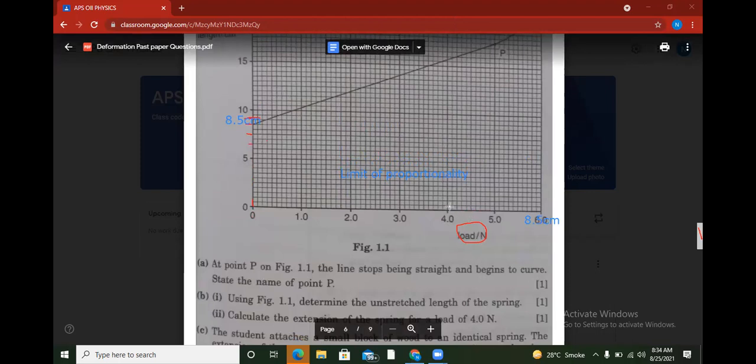At 4 Newton, what will be the extension? That is the value at 4 Newton, and our extension will be, you can see here, approximately 11, then we have 12, 13, 14, and 14.5.